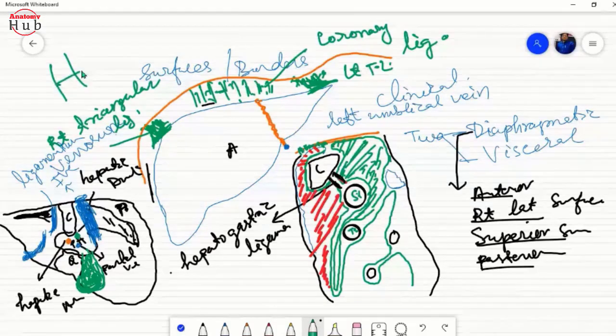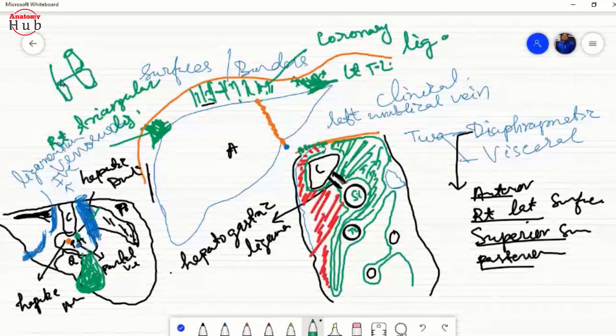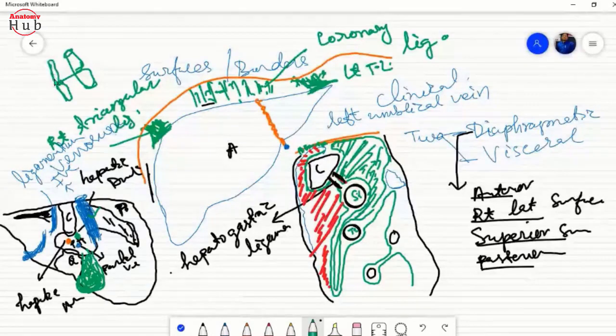This one is the upper arm of the H, your inferior vena cava. Here the right lower arm of the H is the gallbladder. And here you'll find the left lower arm of the H, that is the ligamentum teres hepatis, and above it the ligamentum venosum.